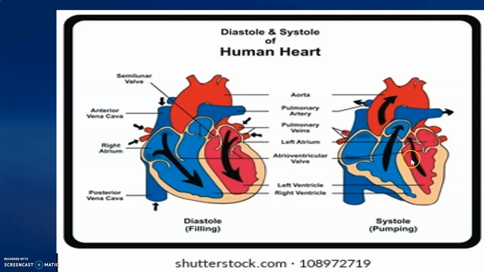It is a shutting of the mitral valve. That's when you hear the S1 sound. When the pressure in the ventricle becomes higher than the pressure in the atrium, it forces the mitral valve closed. And this creates the S1 sound.